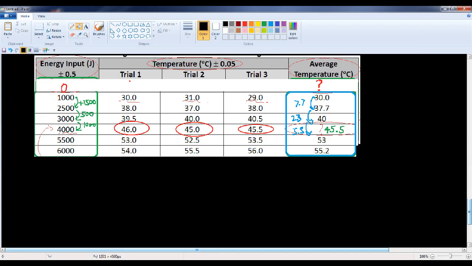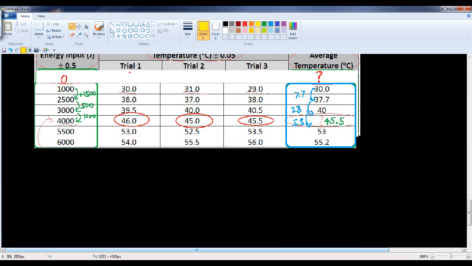Let's say the heating process is a uniform one. That means the energy input is directly proportional to the temperature rise. So the energy input, that means the Q, will be directly proportional to the change in temperature.